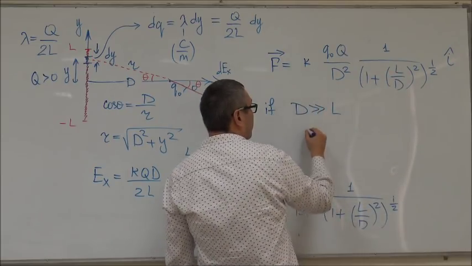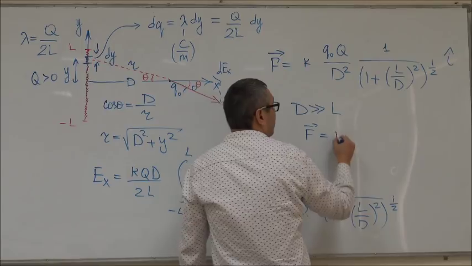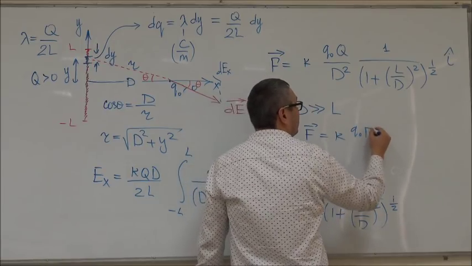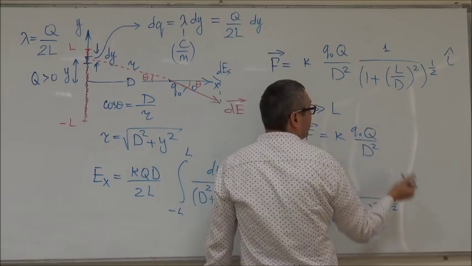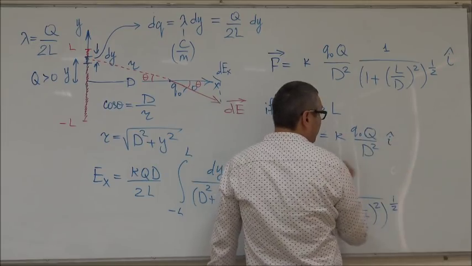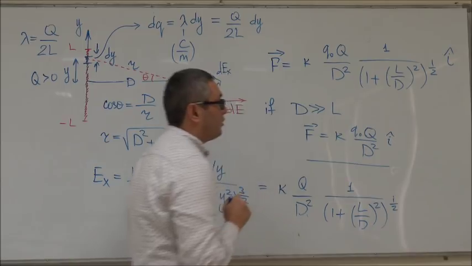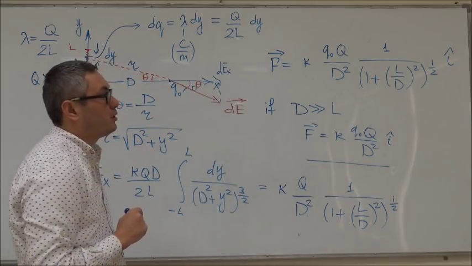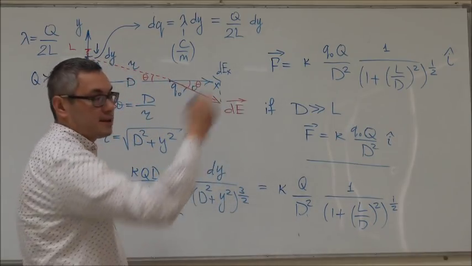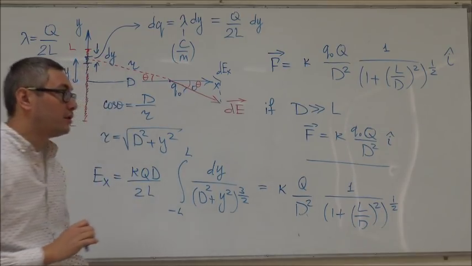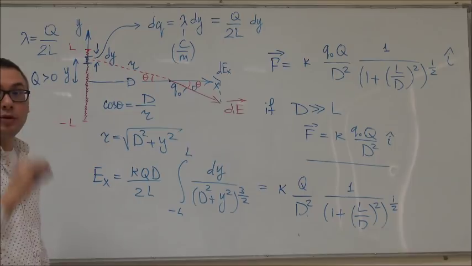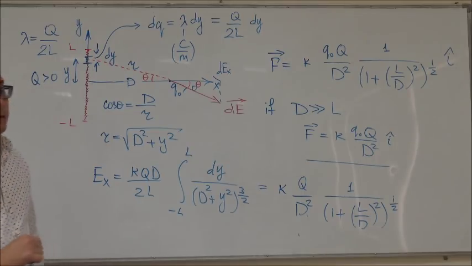And so the equation becomes F equals k Q0 big Q over d squared. And this is similar to the force experienced by two point charges, which kind of makes sense because if you're very far away, from far away this uniform line of charge looks like a point charge. Okay, so everything works out.